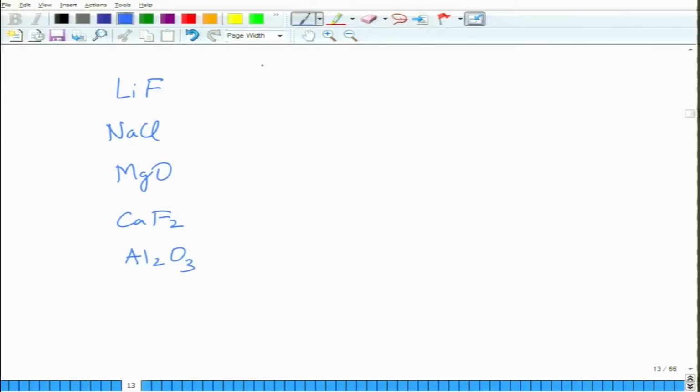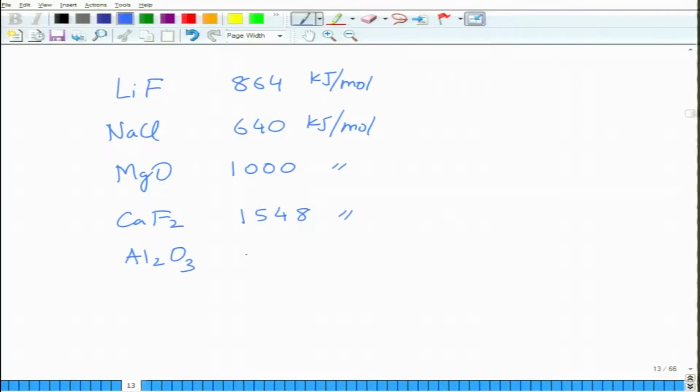This bond energy is related to the enthalpy of atomization. The value for lithium fluoride is 864 kilojoule per mole. For NaCl it is 640 kilojoule per mole. Magnesium oxide has a value of 1000, calcium fluoride has 1548, and aluminum oxide has 3060.